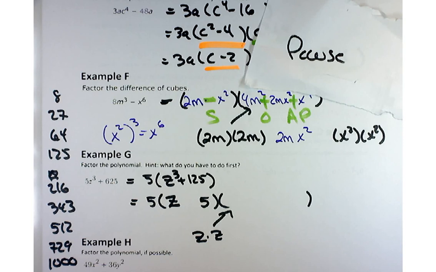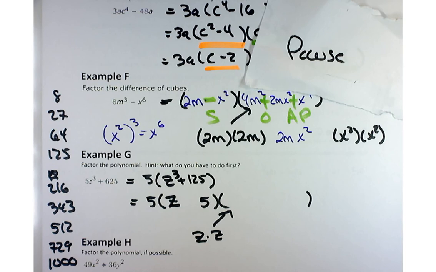That gives our middle term. So what would that be here? Also like z times 5. Z times 5, so z times z is z squared.